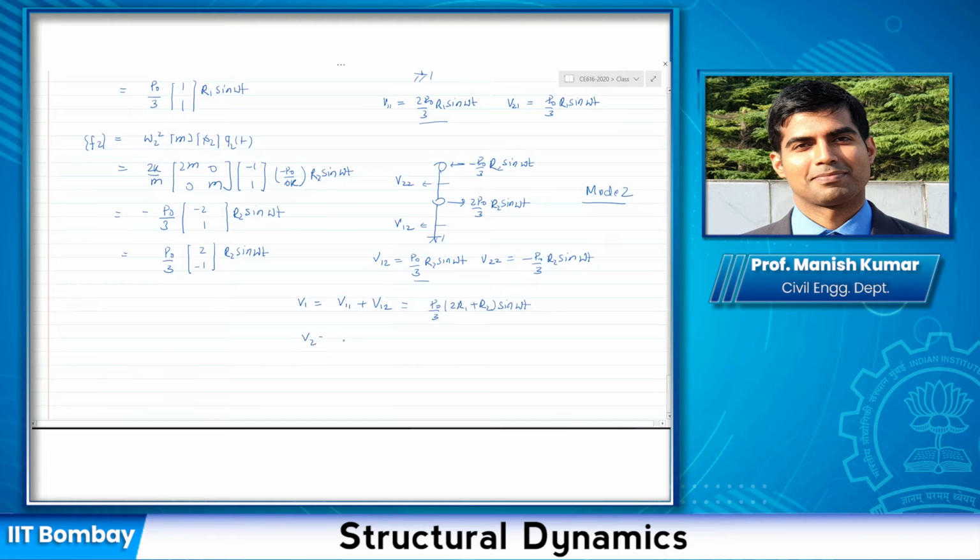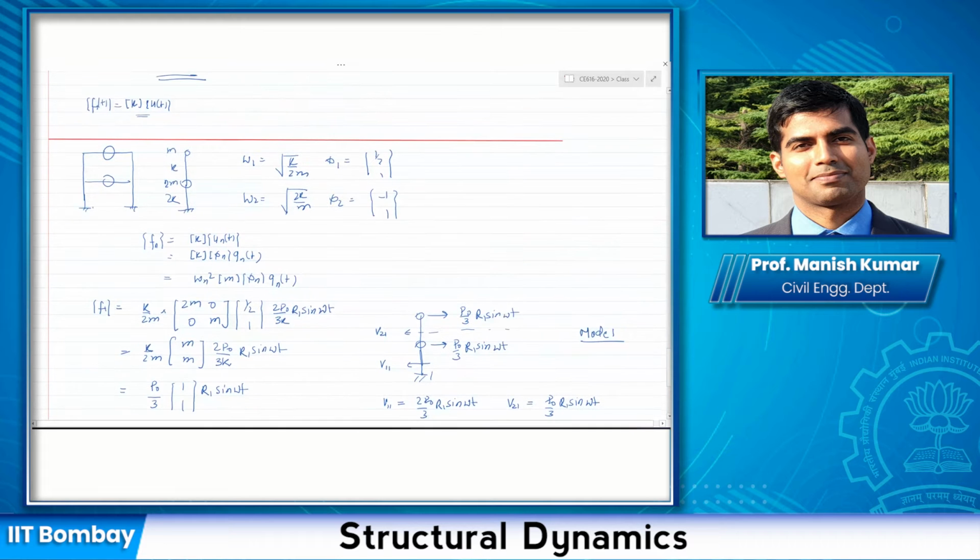And V2 is again the contribution of first mode plus contribution of second mode. So we sum this and this, and we get P naught by 3 times R1 minus R2 sine omega t.